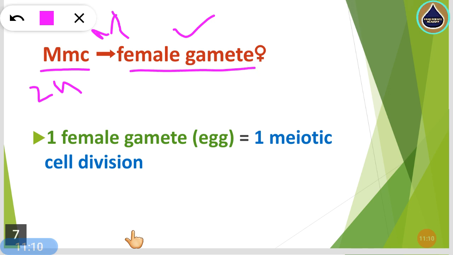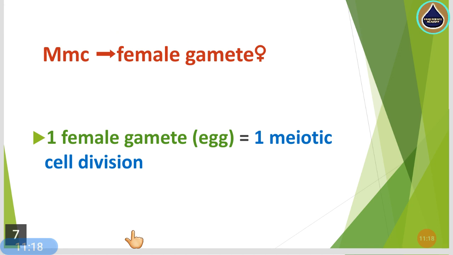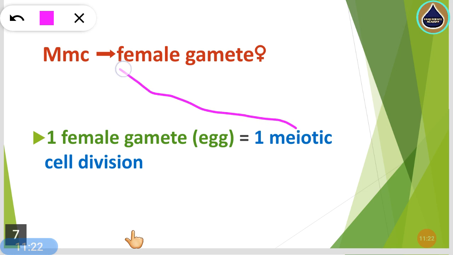The formula is very simple. One female gamete, which is also called egg, is formed by one meiotic cell division. It means by one meiotic cell division, this megaspore mother cell converts into one female gamete.